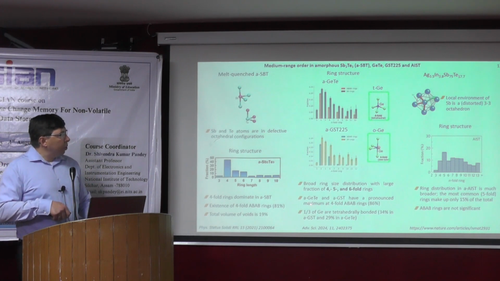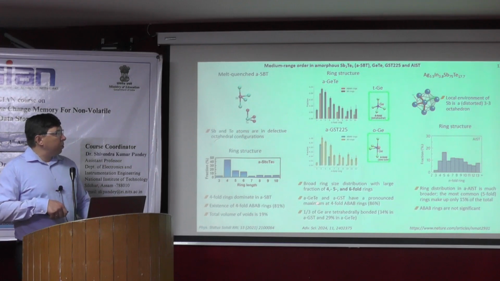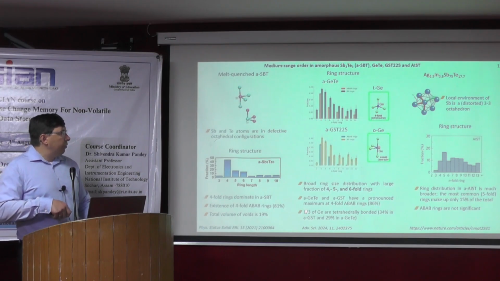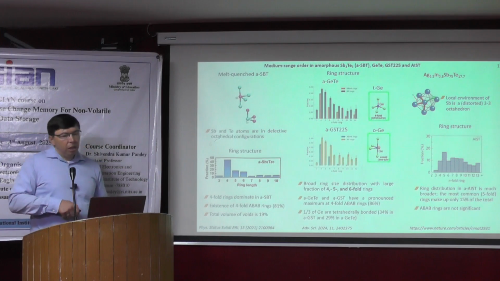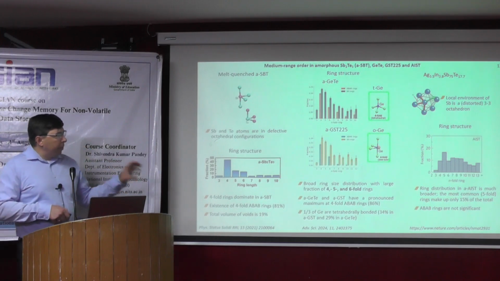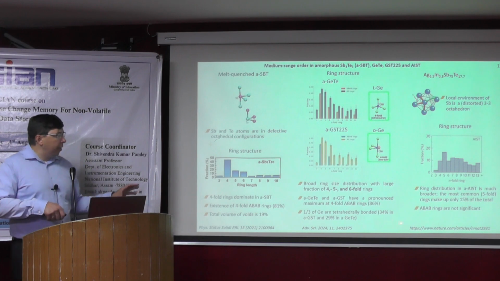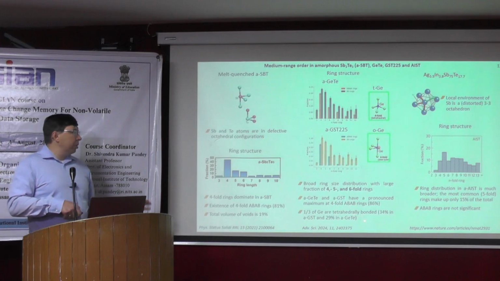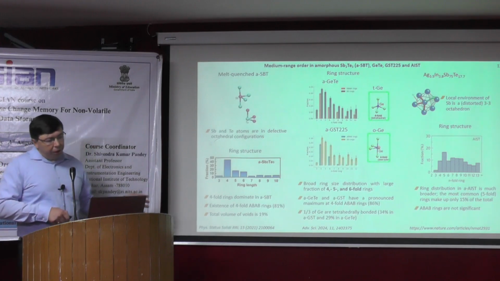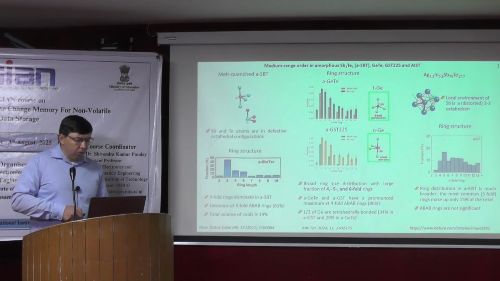Amorphous germanium telluride and GST also have a pronounced maximum of fourfold ABAB rings, 86%, and a third of the germanium is tetrahedrally bonded: 34% in amorphous GST and 30% in amorphous germanium telluride. So XRS and the theoretical simulations somehow align. They confirm the existence of tetrahedrally bonded germanium, but TEM does not confirm this.